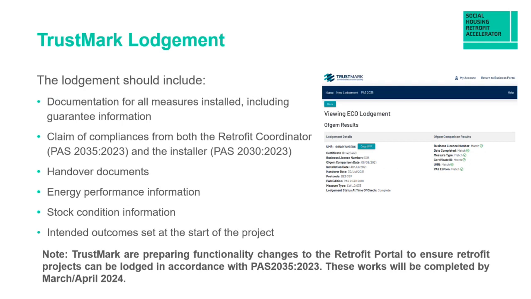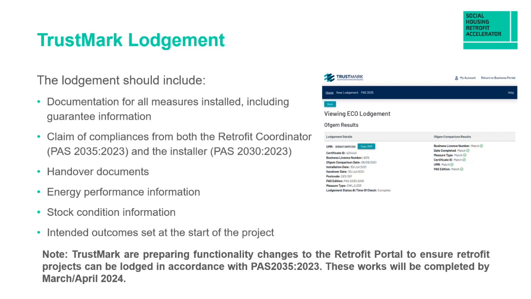So we've assessed the properties, we've designed the properties, your installers have been in and installed everything to PAS 2030. Now it comes back to the retrofit coordinator to lodge all of those measures with Trustmark to remain compliant with SHDF funding.